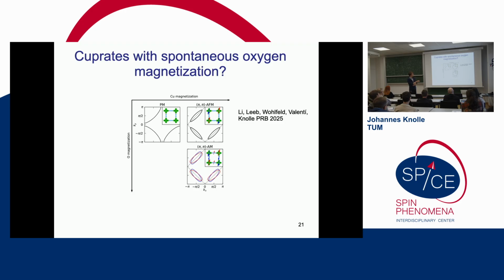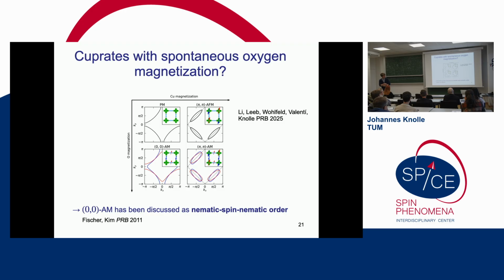If you also induce a weak moment on the oxygens, your pockets are now just spin split. Then you can also have this Q equal to 0 state where you only have moments on the oxygens, and you get large spin-split Fermi surfaces, which is exactly what you refer to as the spin nematic state. There is also a nice paper by Eun-Ah Kim and Matthew Fisher, who also did some microscopics for that.